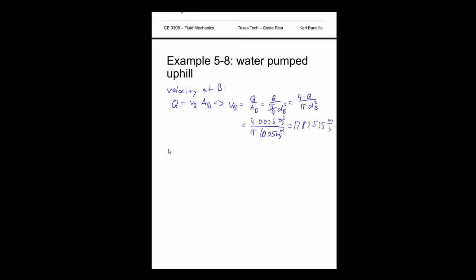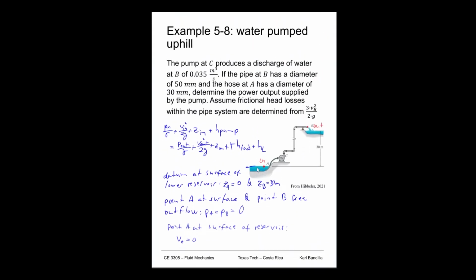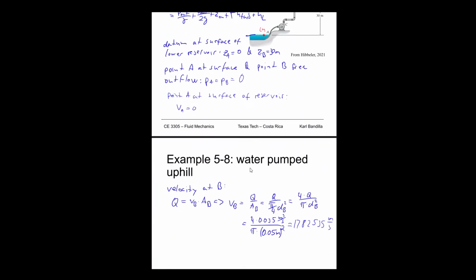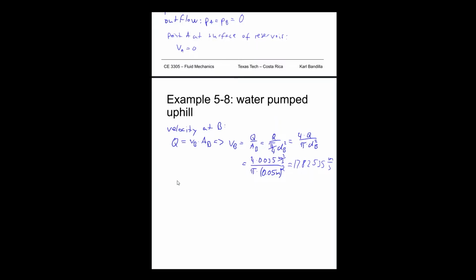All right, what else do we need to know in our equation? We have found the pressures, the velocities and the elevations. H pump we're looking for. We have no turbine, so H turbine is equal to 0.